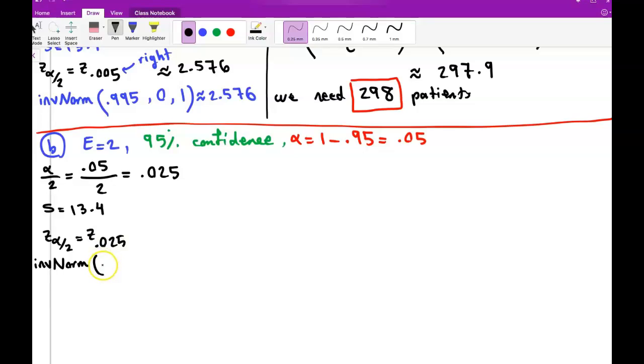Instead, using what we have on the left, we have 0.975. Then mean is 0, standard deviation is equal to 1. So see, we have exactly the same thing. The only difference here is the area, because our confidence is different and we got a different alpha. Okay, running that, the answer is 1.96.